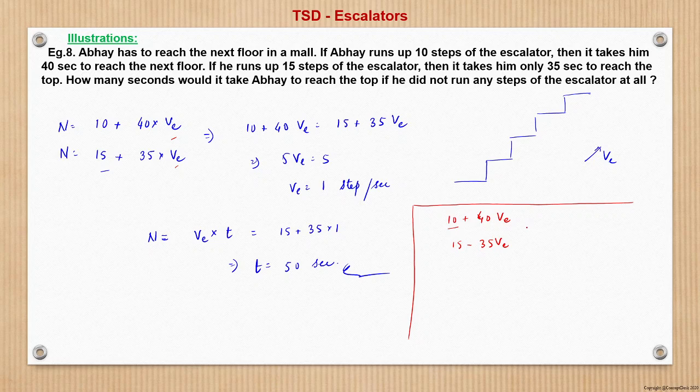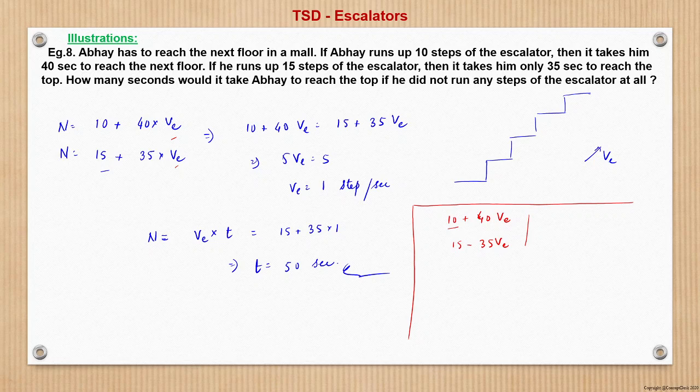But can we use the harmonic mean concept here? The thing is, no. Why? Because harmonic mean can only be applied if the distances covered in all the cases are the same.